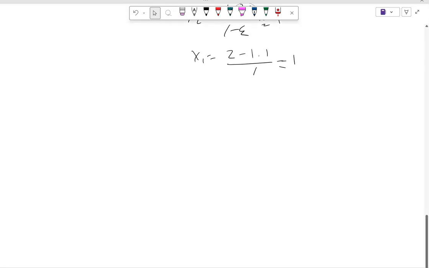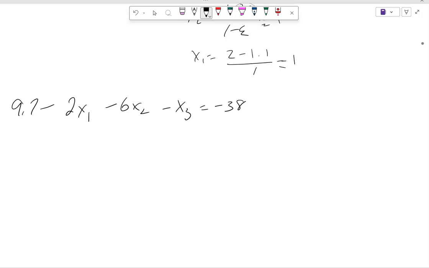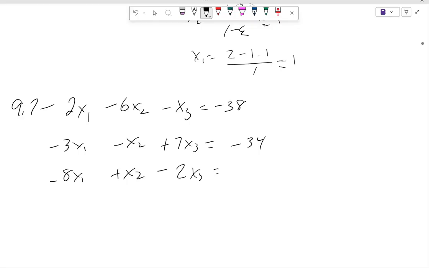This is 9.7 in your text. We've got 2x1 minus 6x2 minus x3 equals negative 38. Negative 3x1 minus x2 plus 7x3 equals negative 34. Negative 8x1 plus x2 minus 2x3 equals negative 20.